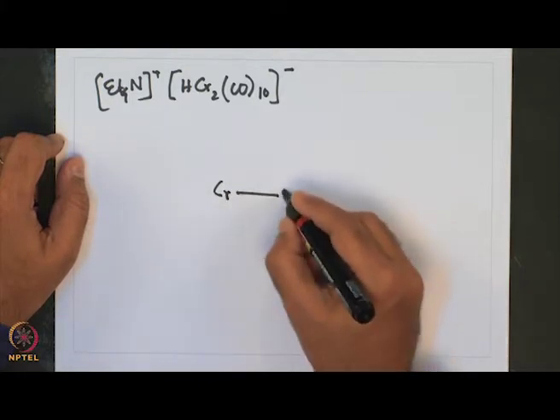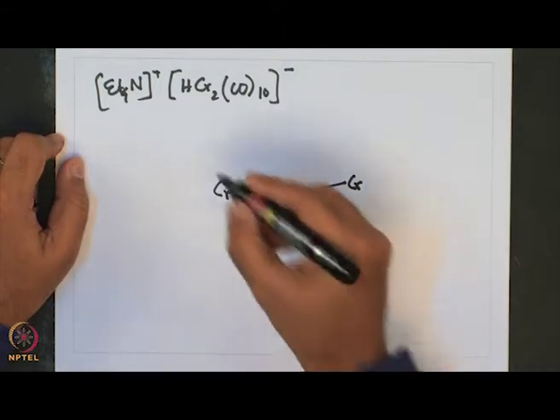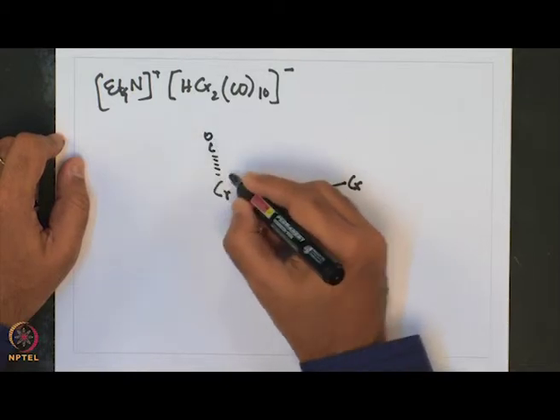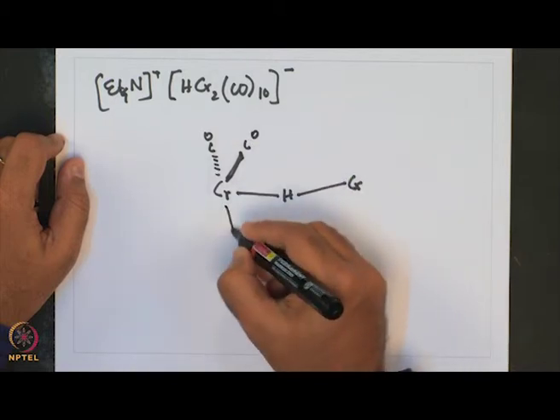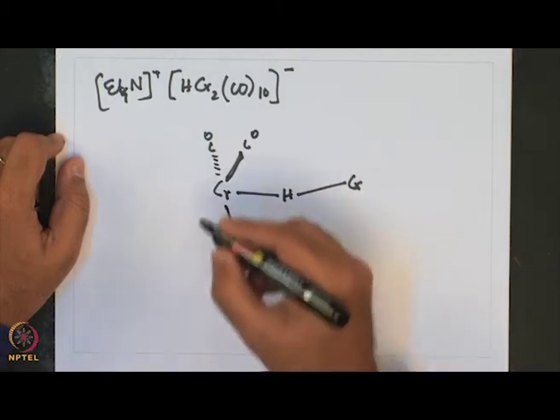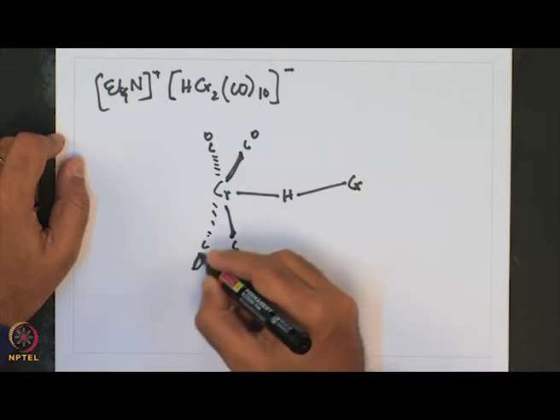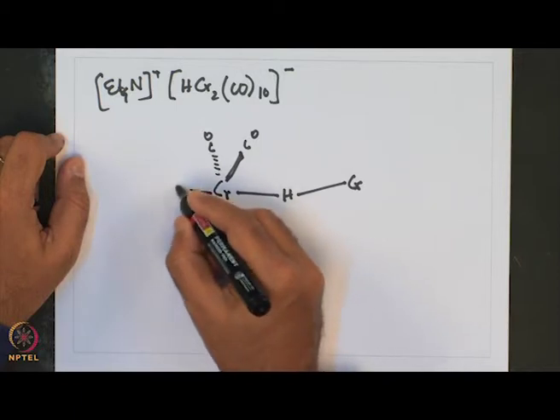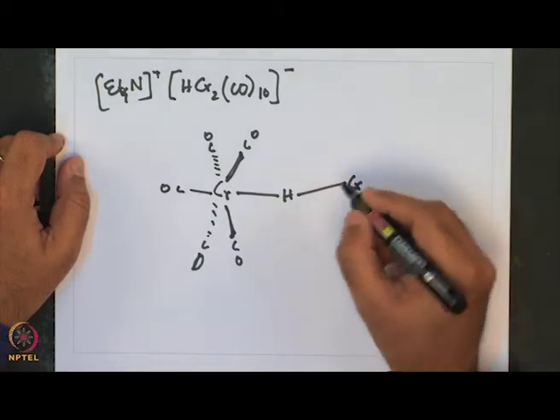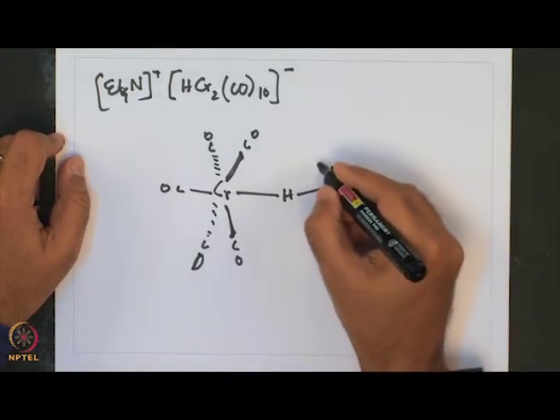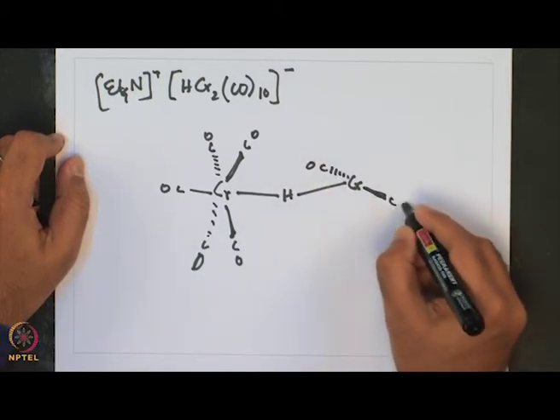Chromium is bridged by a hydrogen atom, and it has five carbonyls, and a bridging hydride, and CO.